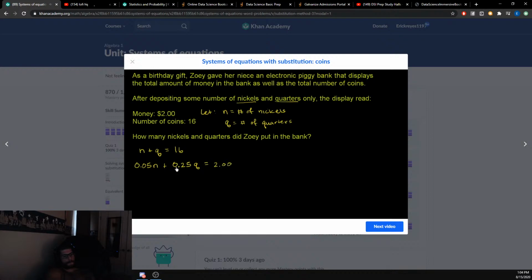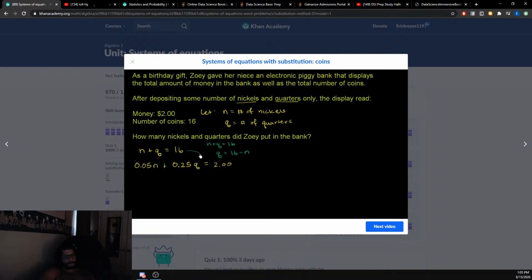So we have two equations with two unknowns. We can solve for n and q. And let's do it by substitution. So let's see, the easiest thing that we could do here, let's solve for q over here. If n plus q is equal to 16, we can subtract n from both sides of this equation and get q is equal to 16 minus n.